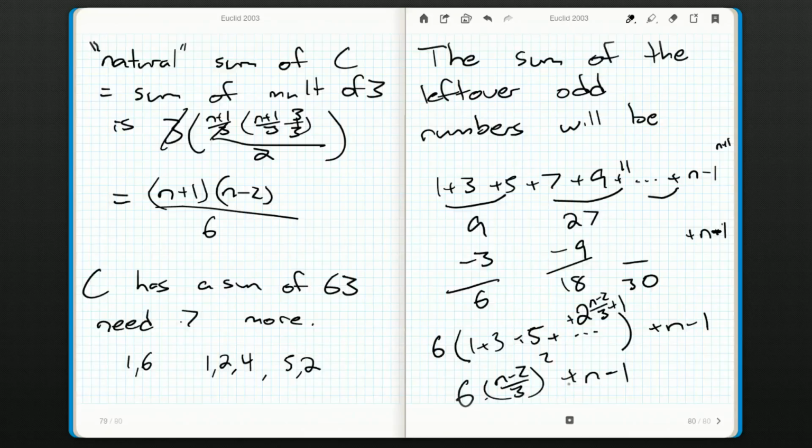Let's check. Does this work with our formula with 8? 8 minus 2 is 6, over 3 is 2. Square that is 4. 6 times 4 is 24. Plus 7. No, something's gone wrong. We want to do that minus 1 there.